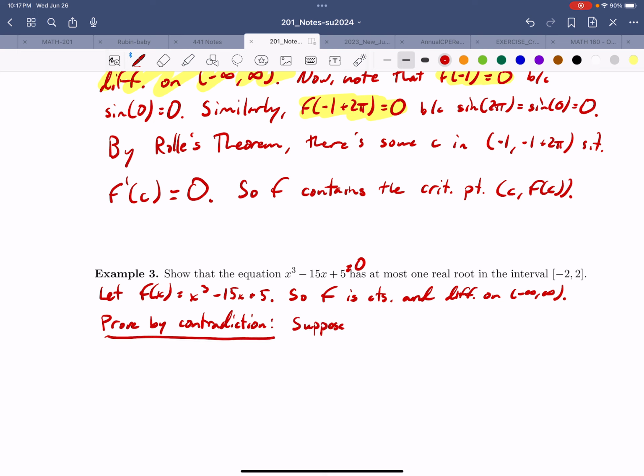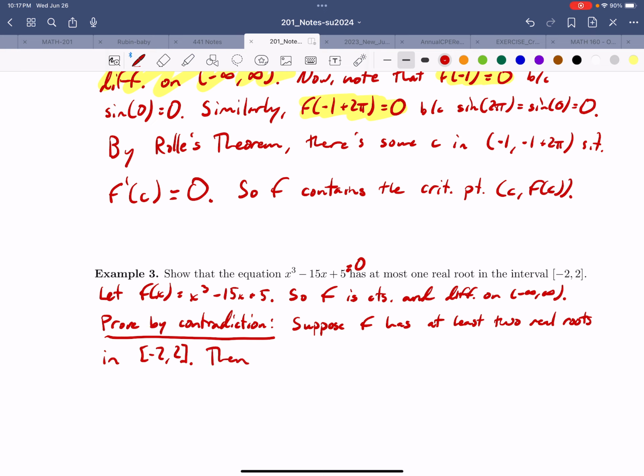Suppose f has at least 2 real roots in the interval negative 2 to 2.